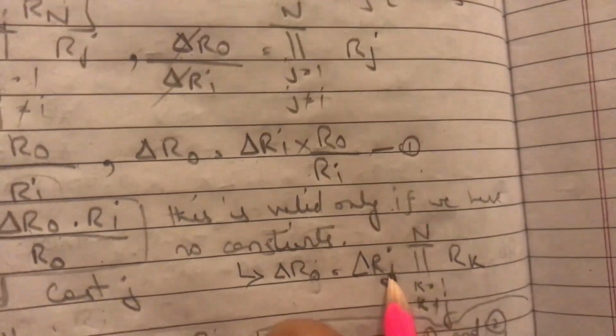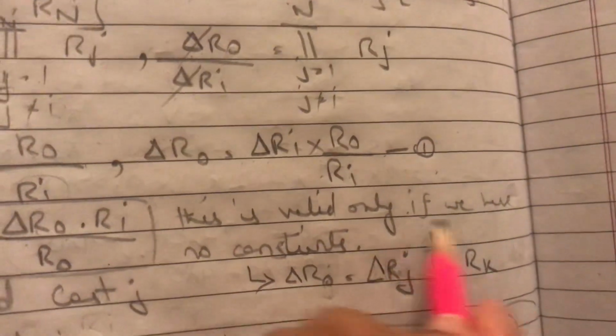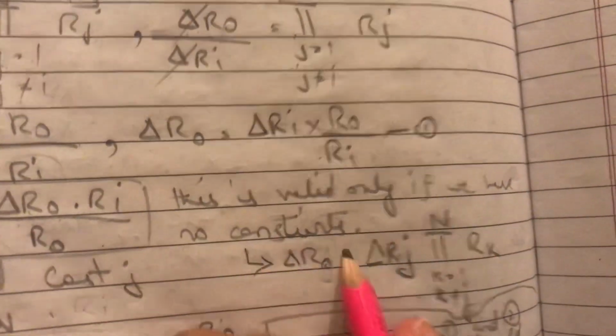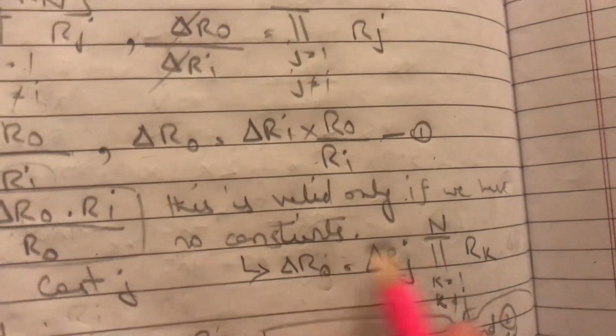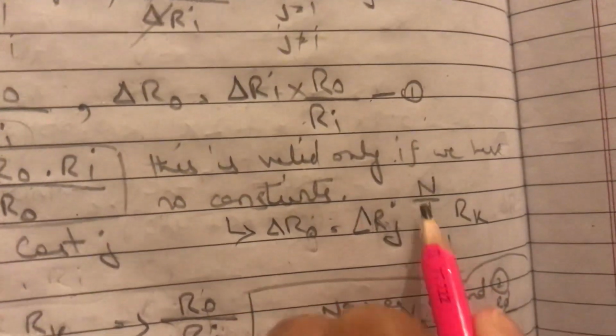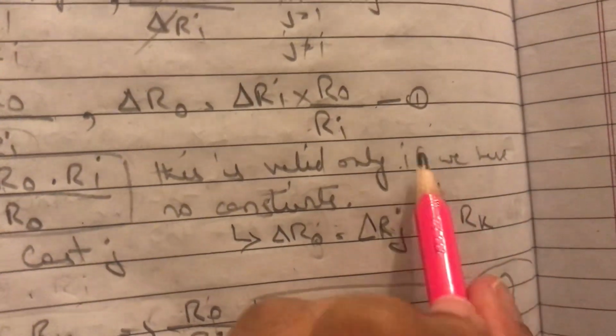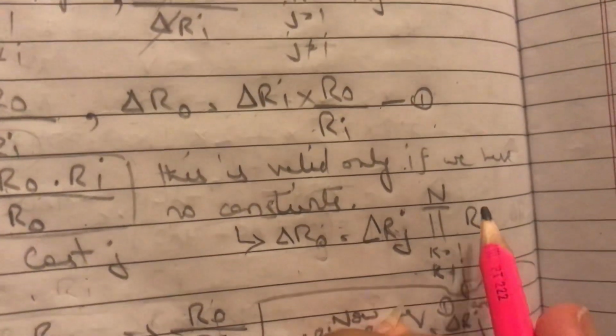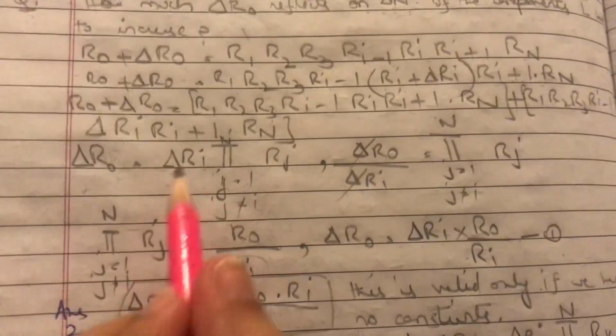This j and k are not equal. So this is another equation of delta R0 when we have no constraints. See, this thing and this one are the same. It's just that here we have a constraint, the constraint Ri.